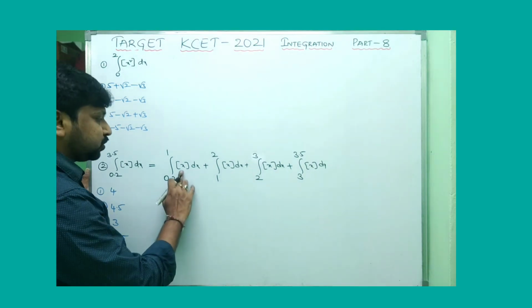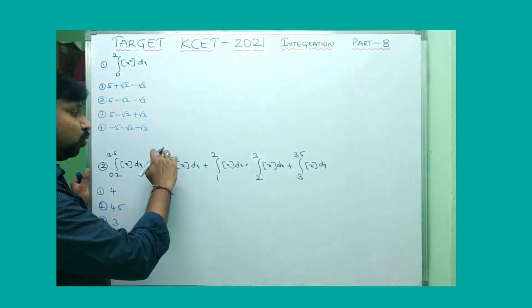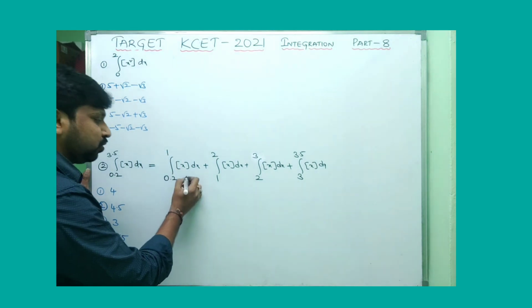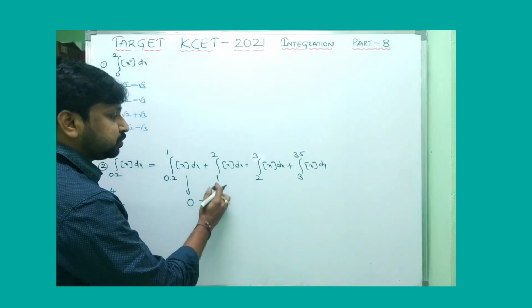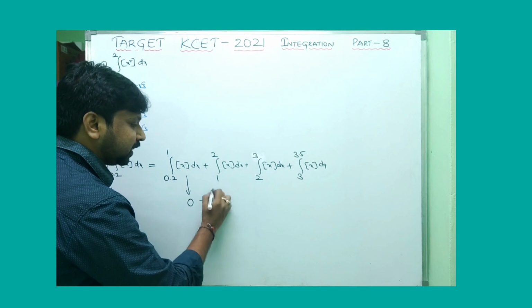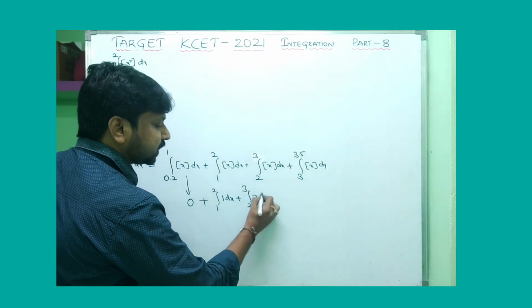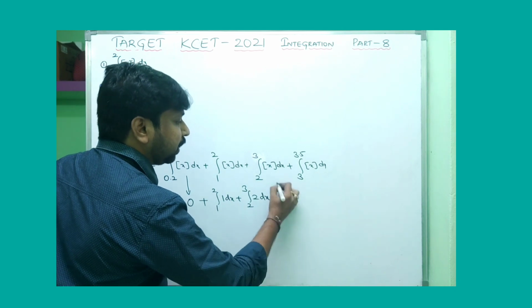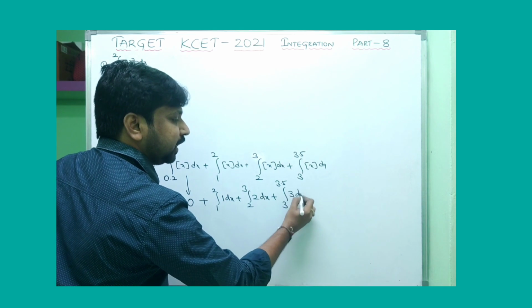Now if you substitute the result for bracket x, for 0.2 to 1, any value you substitute, the integer part you will get is 0 only. Plus from 1 to 2, whatever value you substitute, the result is 1 dx. Plus integral 2 to 3, 2 dx, plus integral 3 to 3.5, any value you give, the result is 3 dx only.